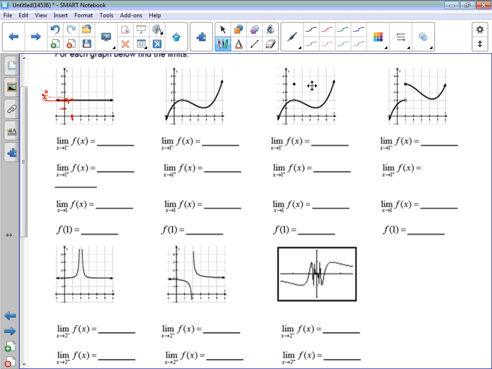The y value you're approaching is 2, right? What if we start walking from the right? Also 2. Do you guys remember, if the left and the right match, what does that mean about the overall limit? So it's the same. So that is 2.